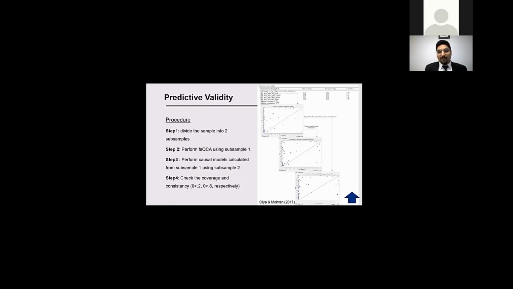But what is the story behind this figure? When I submitted the original submission, I just did the procedure that I explained to you. I divided the original sample into two samples.